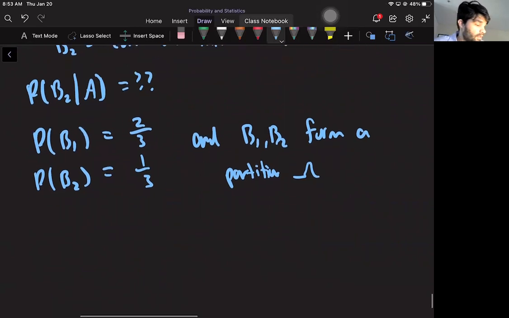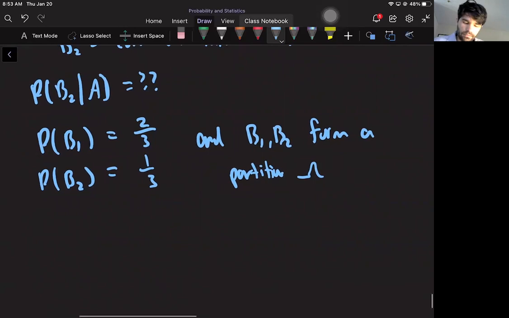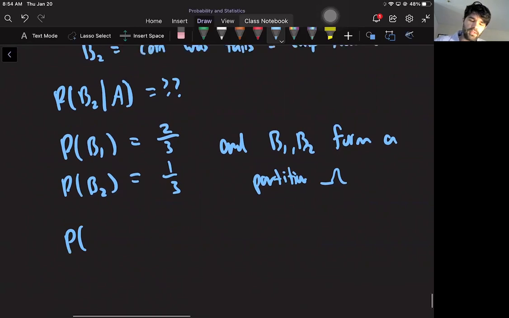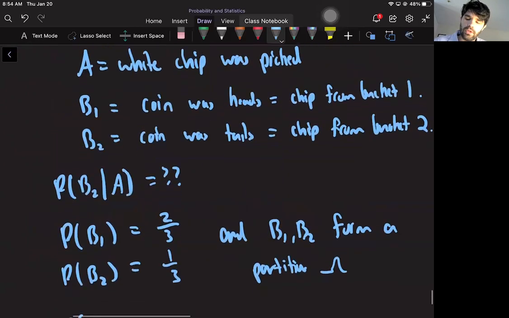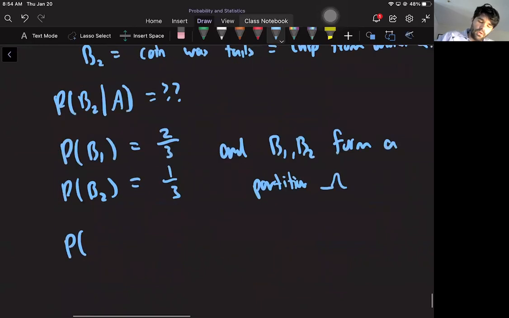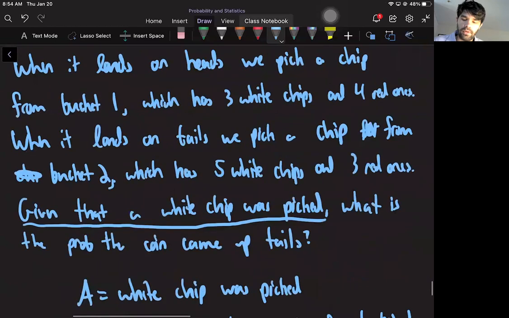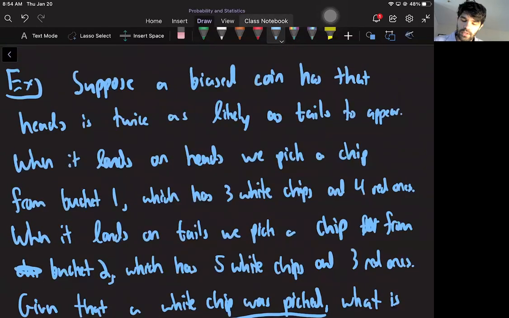Okay, so then we can use our theorems that we know about. What else can we say? Well, we can say a lot about probabilities of getting chips once we know what bucket we're in. So if I know that I'm in bucket 1, I can find the probability of getting a white chip. That's not so bad because I just look at bucket 1 and see what's in it.